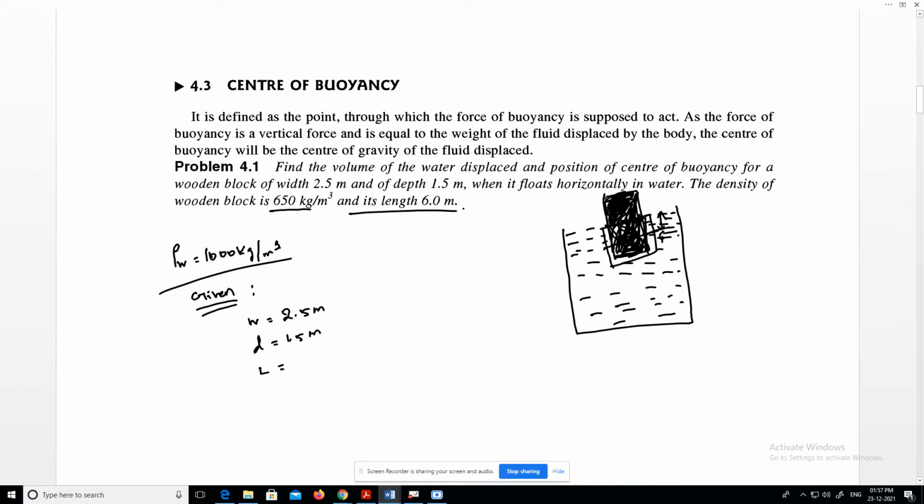Length is given at the bottom of the problem, right? Yes, 6 meters.